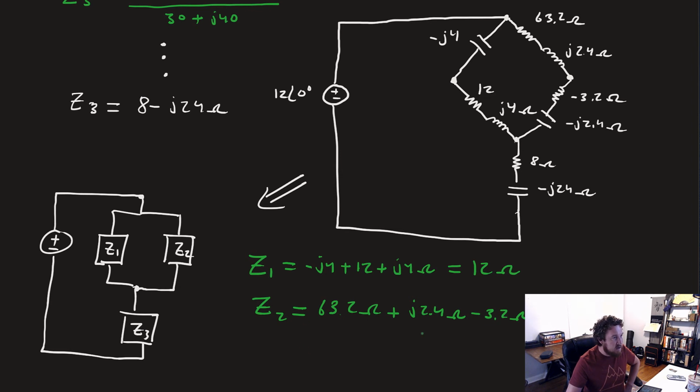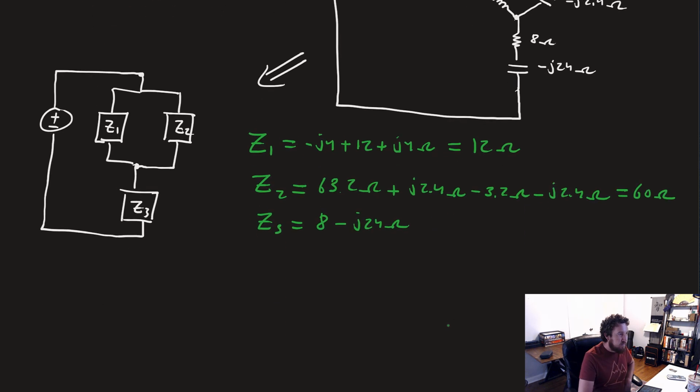And again, the imaginary components will cancel each other out. We'll be left with just 60 ohms. And Z3, we don't have to really mess with it at all. That's just still our Z3 there, 8 ohms minus J24 ohms.